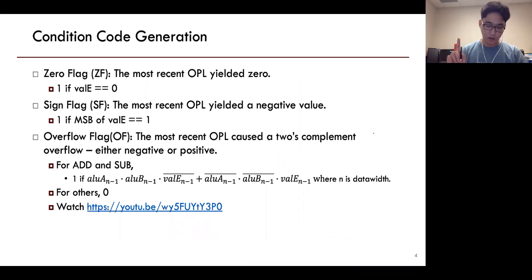So we have 3 condition codes: zero flag, sign flag, and overflow flag. The first 2 flags are quite straightforward. The zero flag is set if the most recent OPL instruction computed a 0 value.